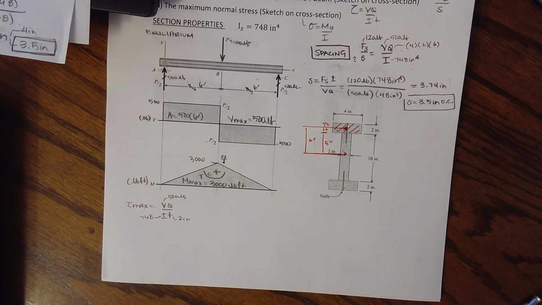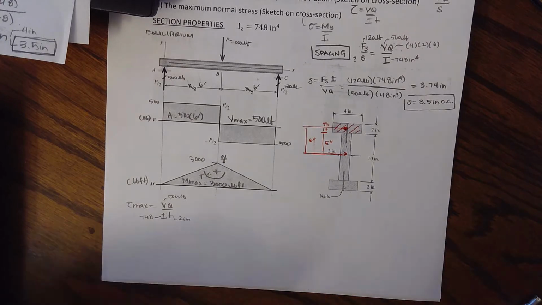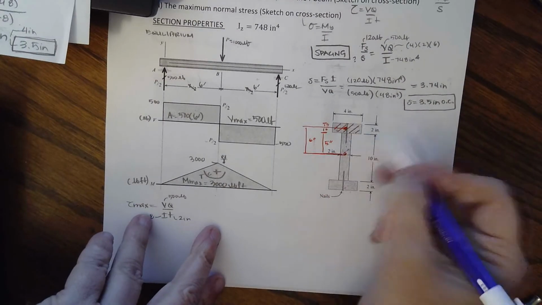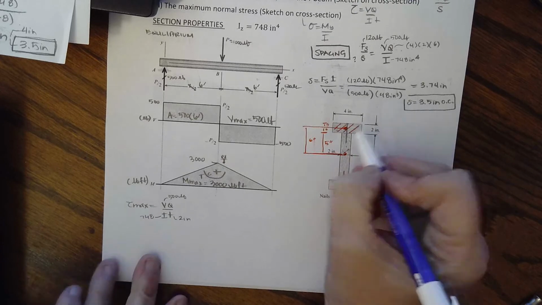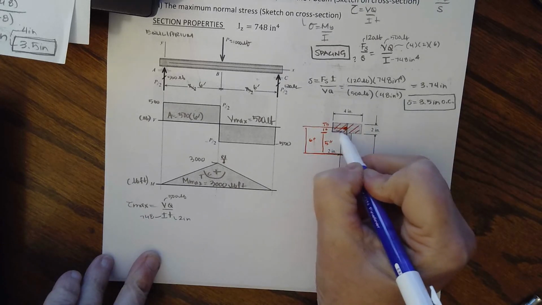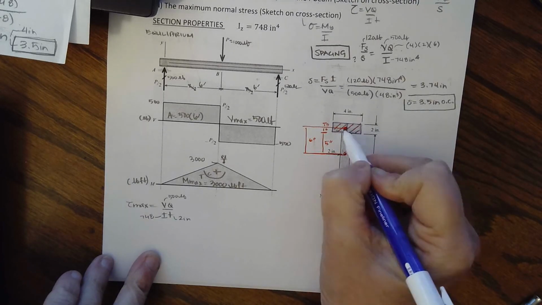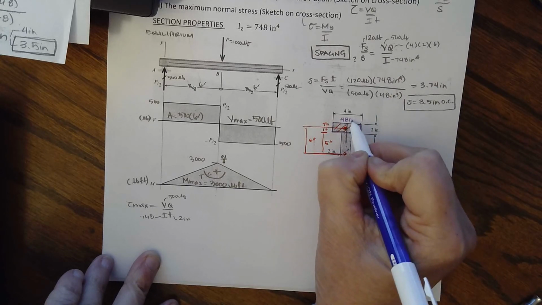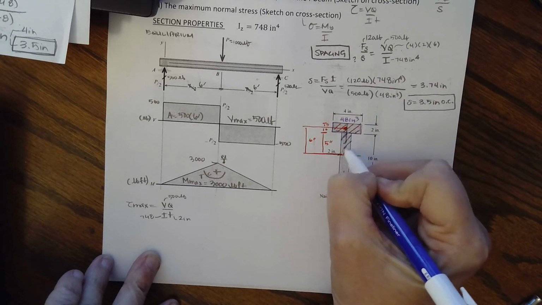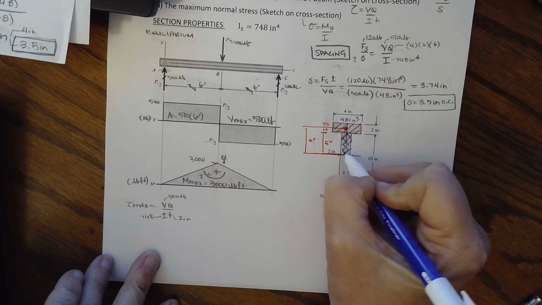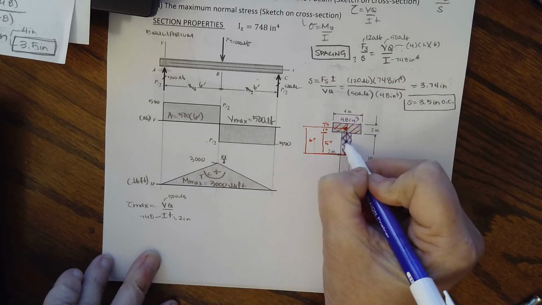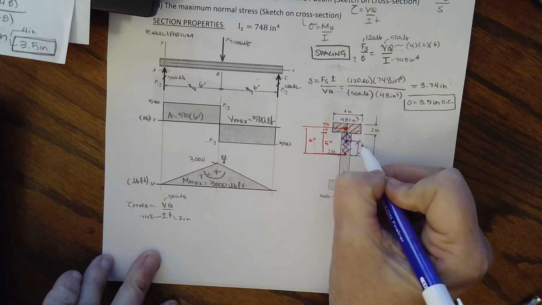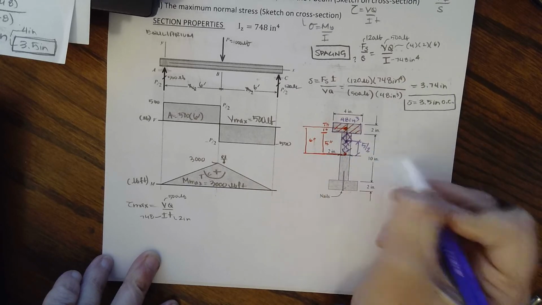When I'm looking at Q, I can either go up and look at all of the area above, or I can go down. We've already found Q of this piece. It was 48 inches cubed. So now I can find Q of this piece and add on to it. It is 5 inches tall, which means its centroid is at 5 over 2, and it has a width of 2 inches.